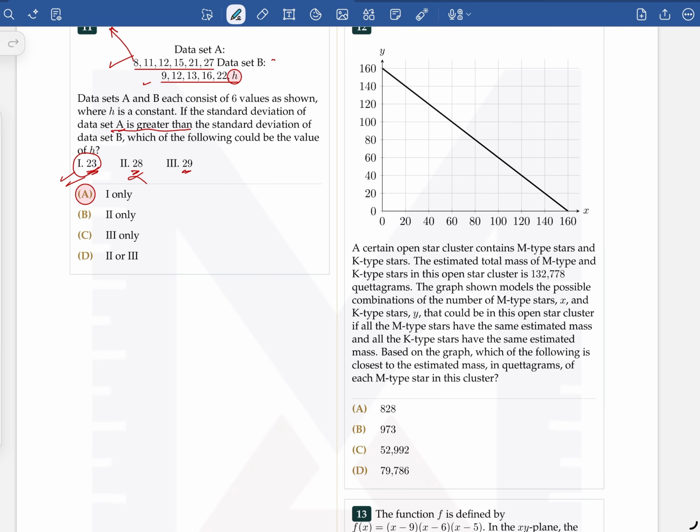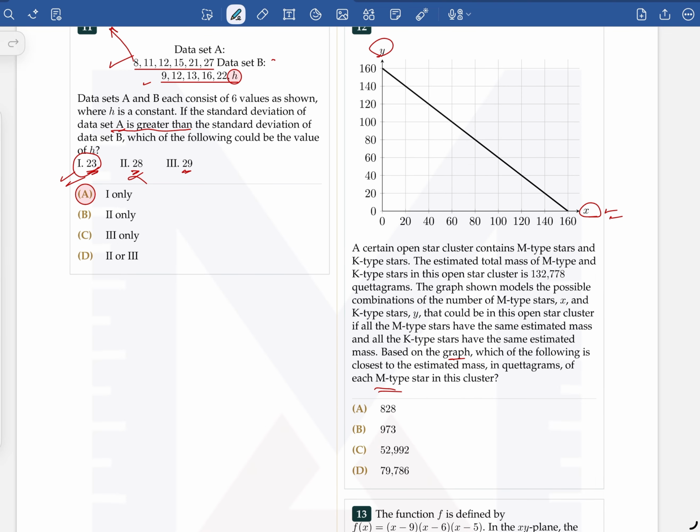The graph shown models the possible combinations of the number of M-type stars X and K-type stars Y. So X is M-type star and Y represents the K-type star. Based on the graph, which of the following is closest to the estimated mass in quitagrams of each M-type star?